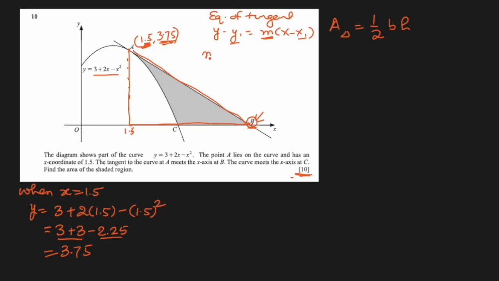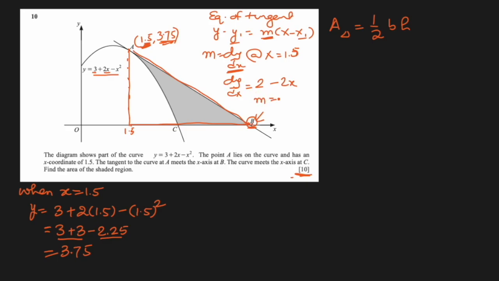m is nothing but dy/dx at x equal to 1.5. So let's find dy over dx of this equation. dy over dx for the curve will be, differentiation of 3 is 0, don't touch it. Differentiation of 2x is 2 minus differentiation of x squared, which is 2x.